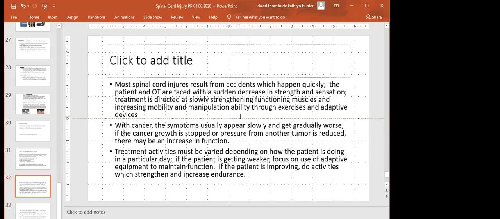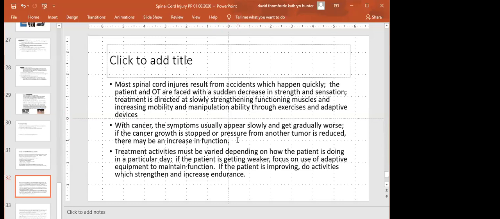The one thing about cancer is if the growth is stopped or if pressure from another tumor is reduced, there can be an increase in function. So that part is hopeful, but often just the name cancer will make it a much more depressing and mentally challenging situation.